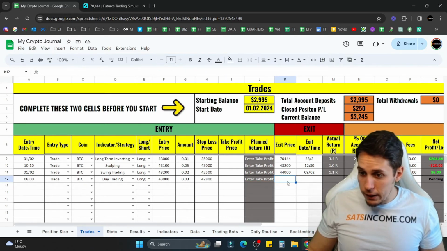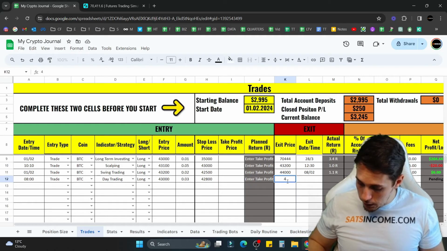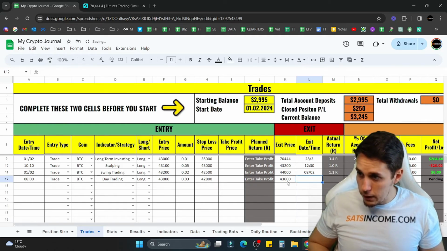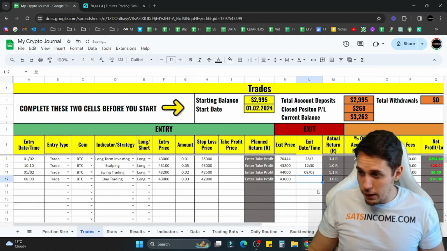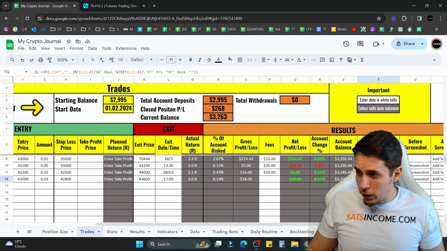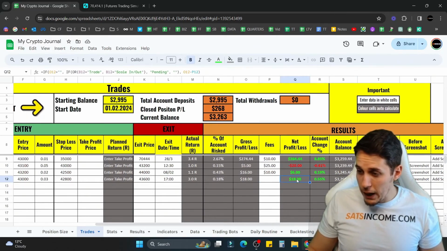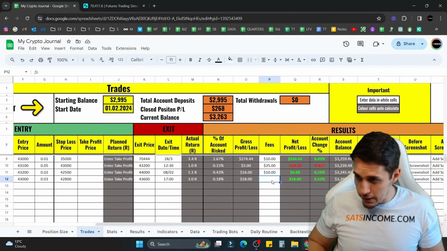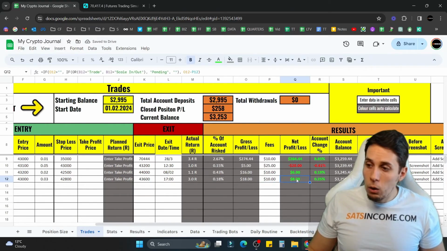And you exited this trade at $43,600, right? You exited this trade at 5 o'clock in the afternoon. So if we move now here to the trade duration, you see that you actually held this trade for 9 hours. You made $18, but that's before the fees. Let's say that you paid like $10 in fees. Well, your net profit is $8.